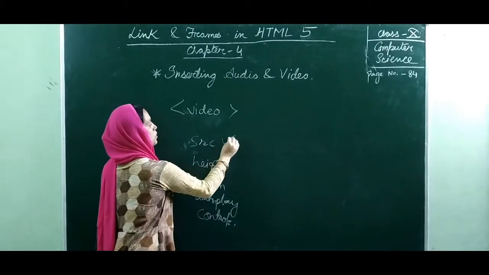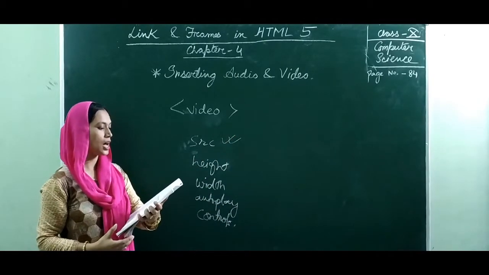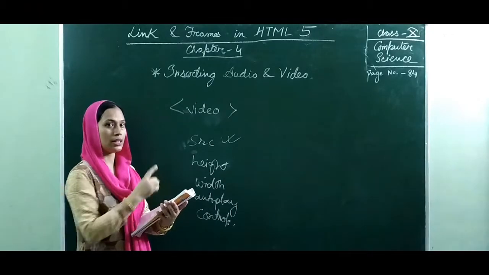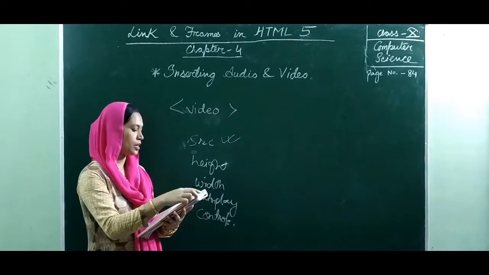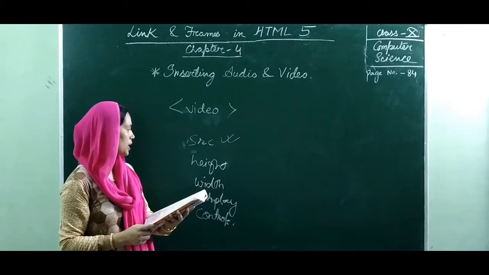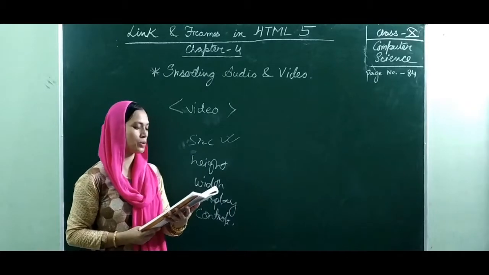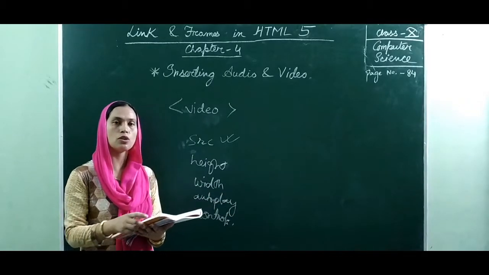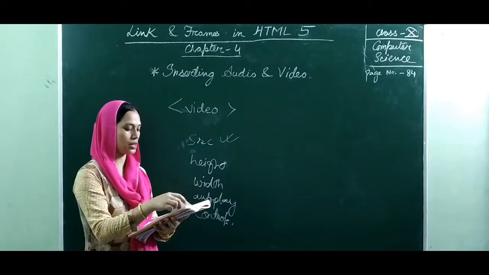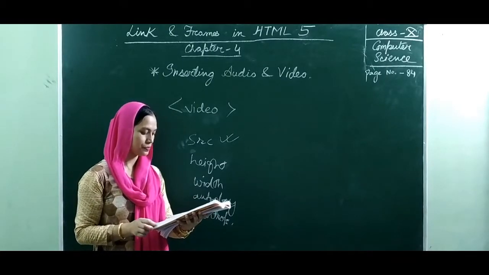SRC, same as the audio, is the source of the file. Height is the height of the video, and width is the width of the video. And as we have already learned in the audio tag, autoplay is used for automatic play, and controls for pause and play of the video present in the website.